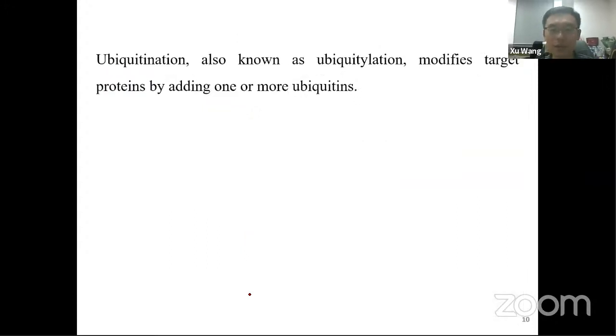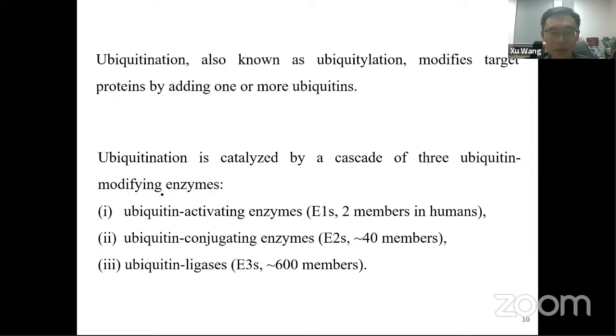Ubiquitination, also known as ubiquitylation, modifies target proteins by adding one or more ubiquitin molecules. And ubiquitination is catalyzed by a cascade of 3 ubiquitin-modifying enzymes. The first is the ubiquitin-activating enzyme, or E1.